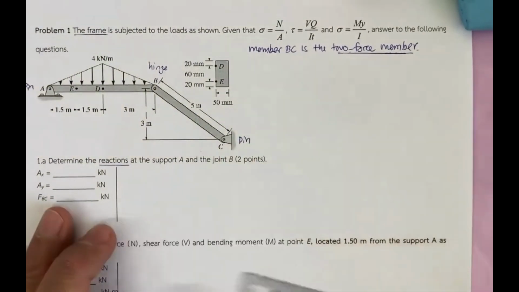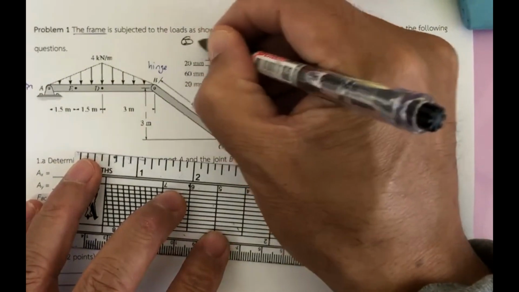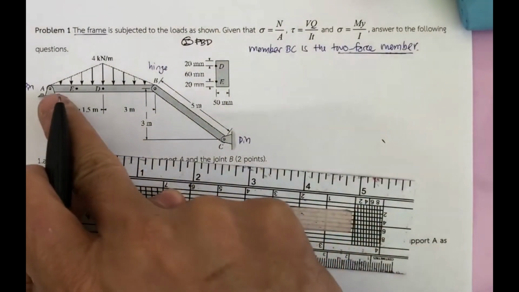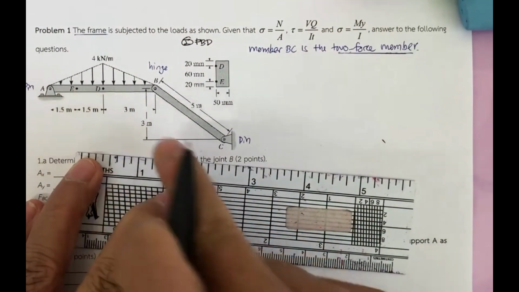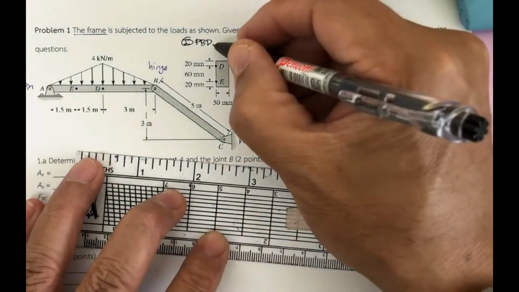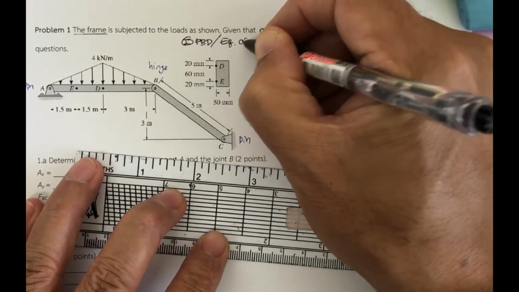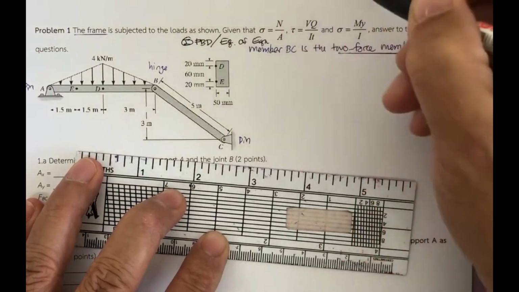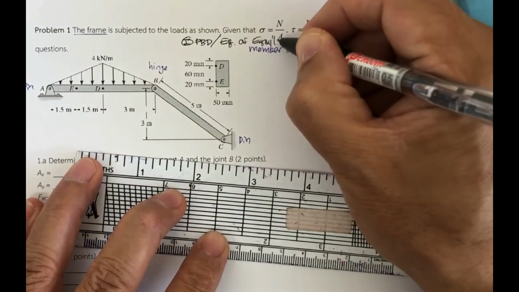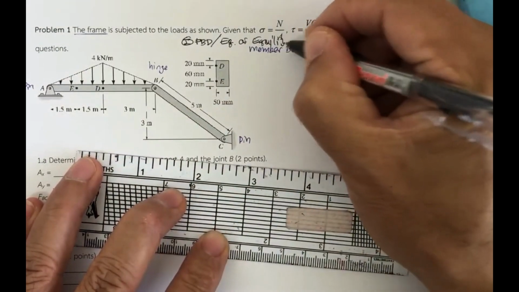If we consider this, we can start to draw the free body diagram of the beam ADB and the column BC. Then we will use the equations of equilibrium to determine the reactions that occur on the structure.